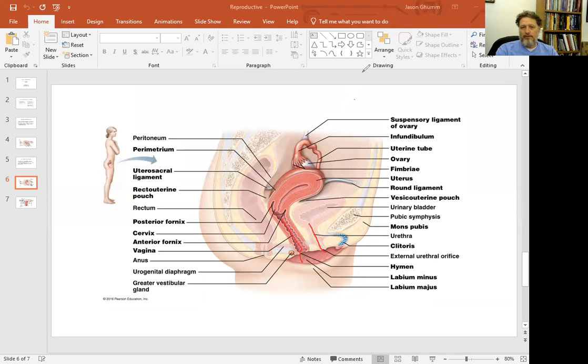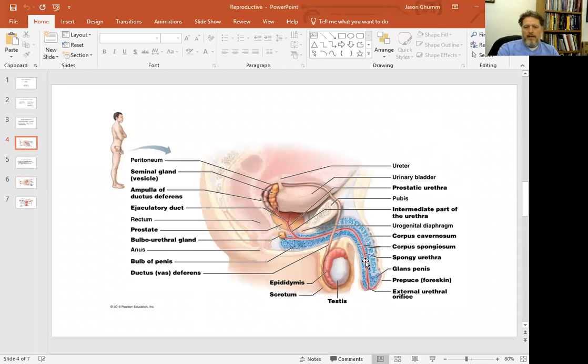Well, on males, they use the same tube right here for the urine to be released. Comes out through here, and then sperm also comes out. So it's a combination tube on males.